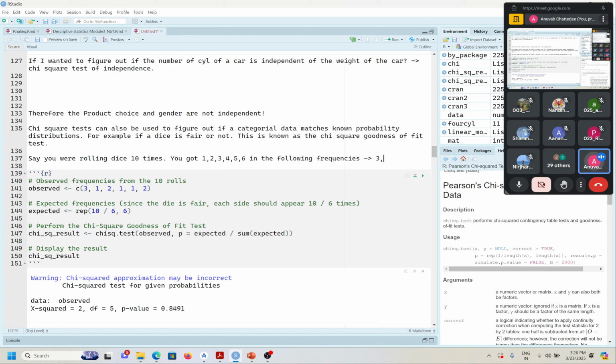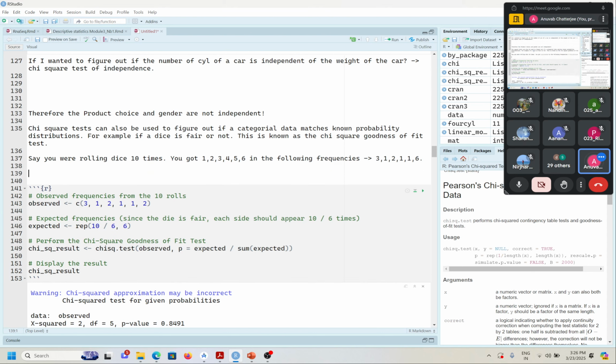You got 1 three times, 2 once, 3 twice, 4 once, 5 once, and 6 twice. Your expected frequency of each face was obviously 1 by 6. So now you wanted to figure out, is the die that you were rolling fair or not?